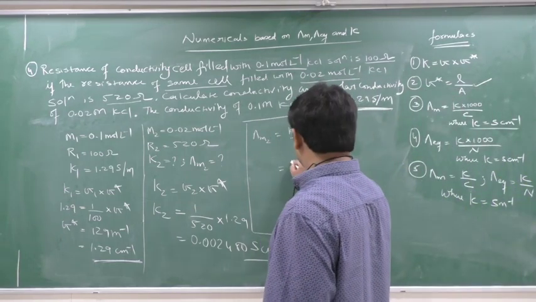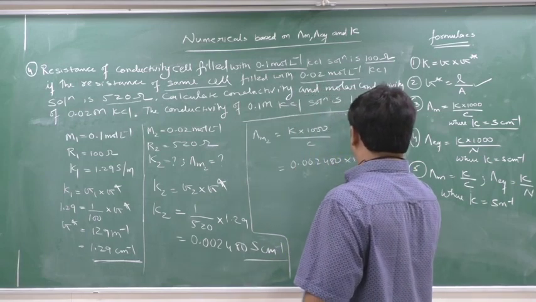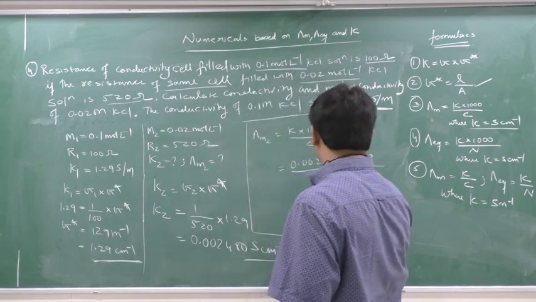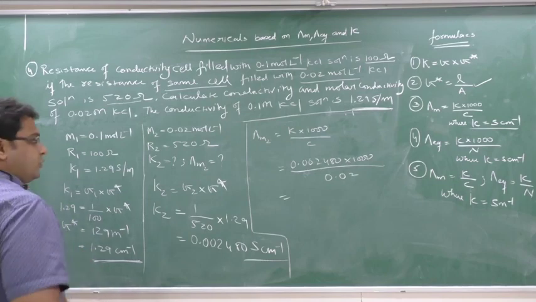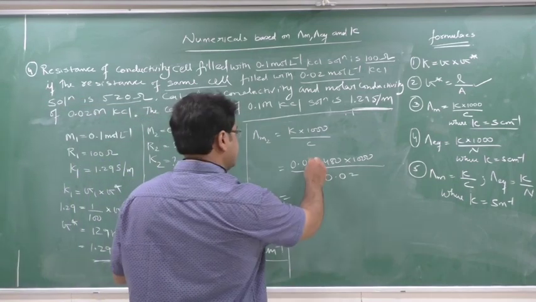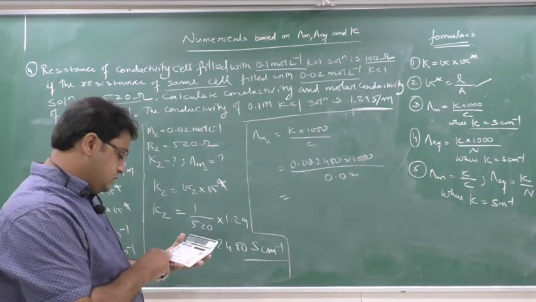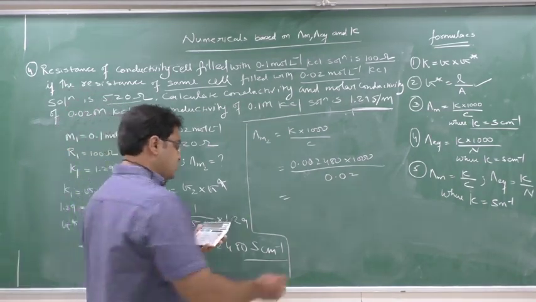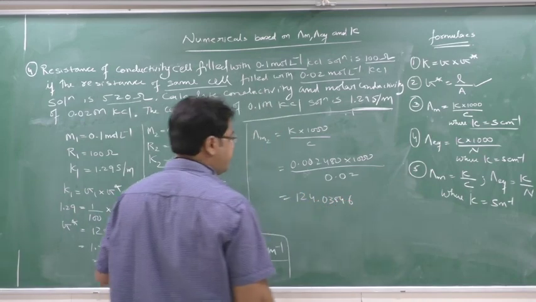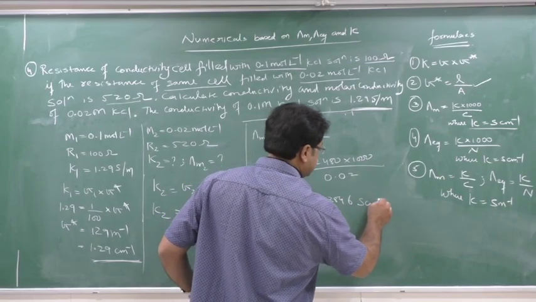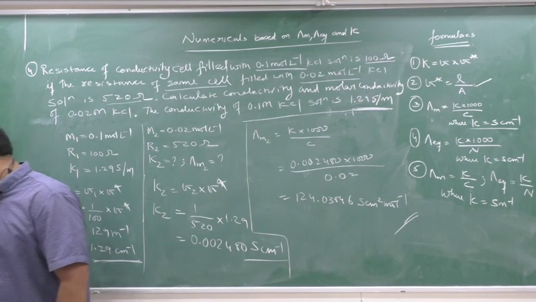So K I have 0.002480 multiplied by 1000, and concentration, that is mole per liter, is 0.02. So your answer is 124.03846, and the lambda M unit will be Siemens centimeter square per mole. So in this way you can calculate the problem.